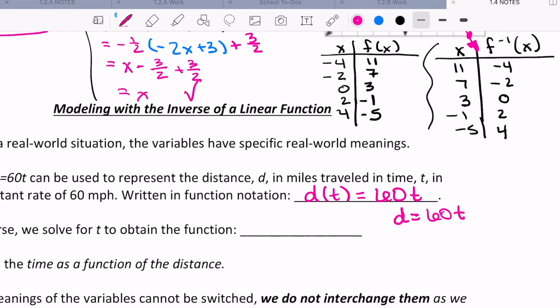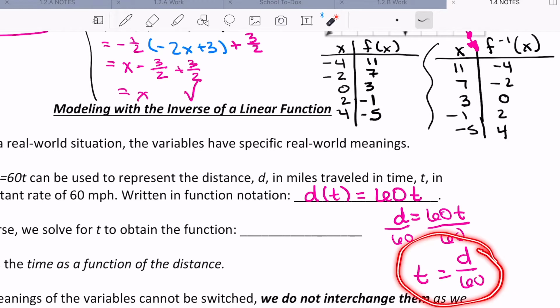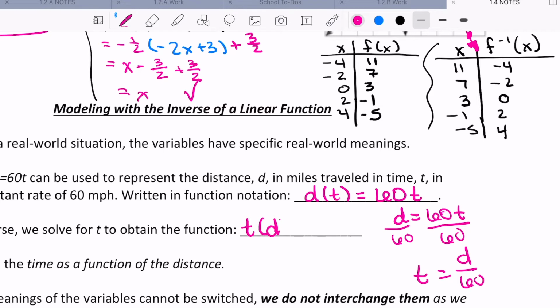So how do we solve for t? We divide by 60, and that gives us t equals d over 60. Now we are going to rewrite this once again into function notation. If the original function was distance according to time, the inverse function is time depending on distance, equal to d over 60.